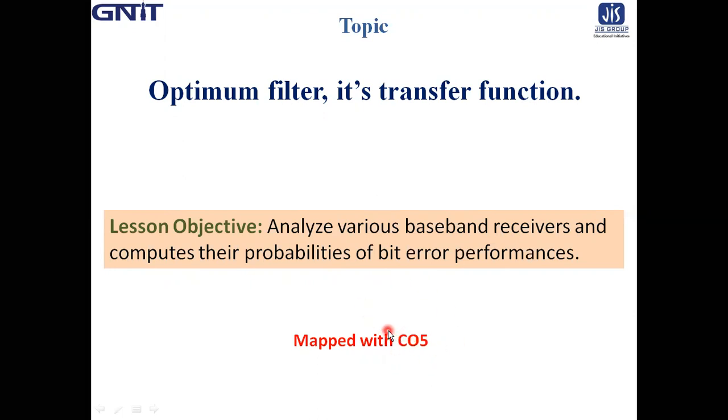So let us start lecture number 2 from the baseband signal receiver and probability of bit error with the topic of optimum filter.